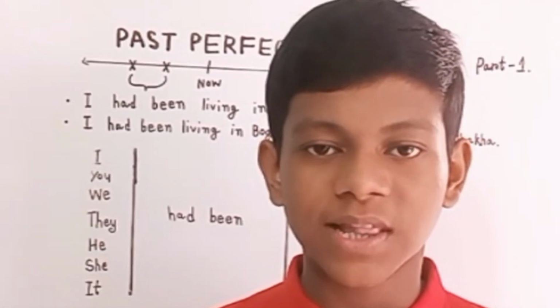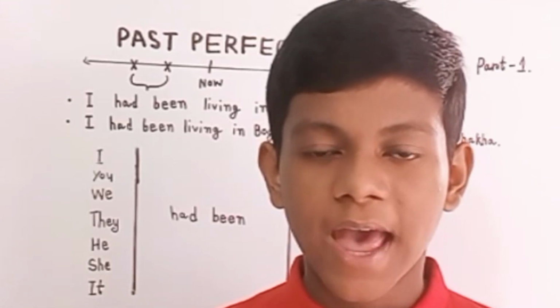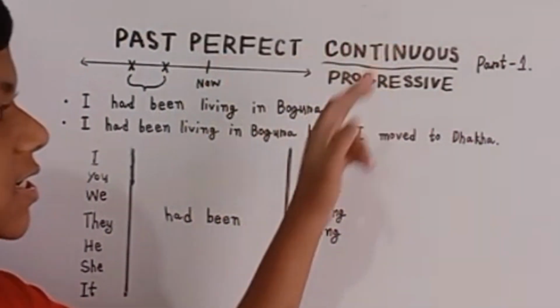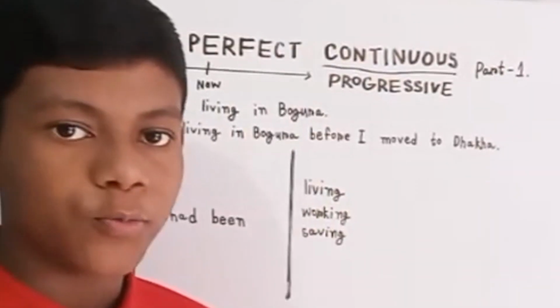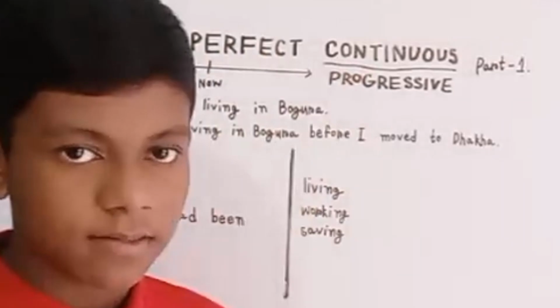So in today's lesson, we are going to start a new tense, which is the past perfect continuous tense, also called the past perfect progressive tense.